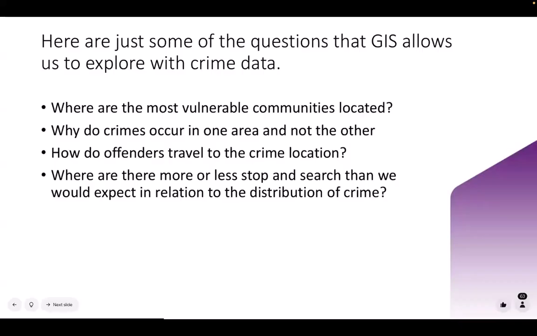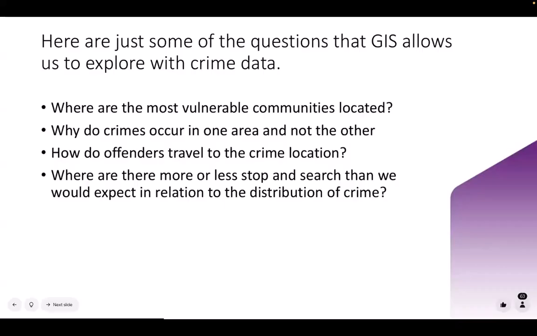Maybe you want to use GIS to understand why or how offenders travel to the crime location. In other words, what is it about one specific place that convinces an offender to commit that crime there over an alternative location? Now, there are a few reasons that affect how far an offender travels, and there has been some research done on this topic already.